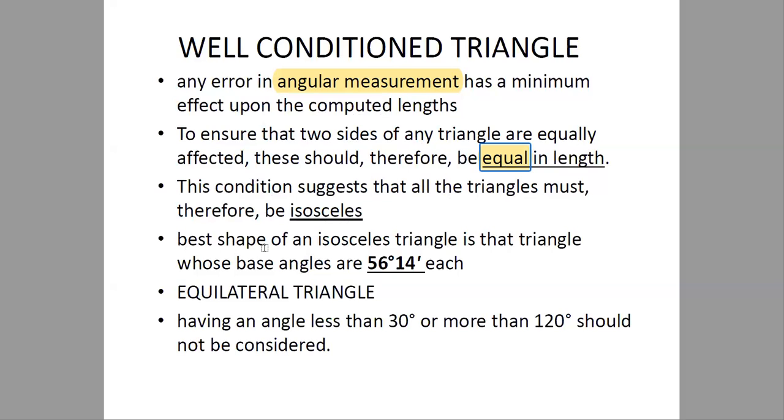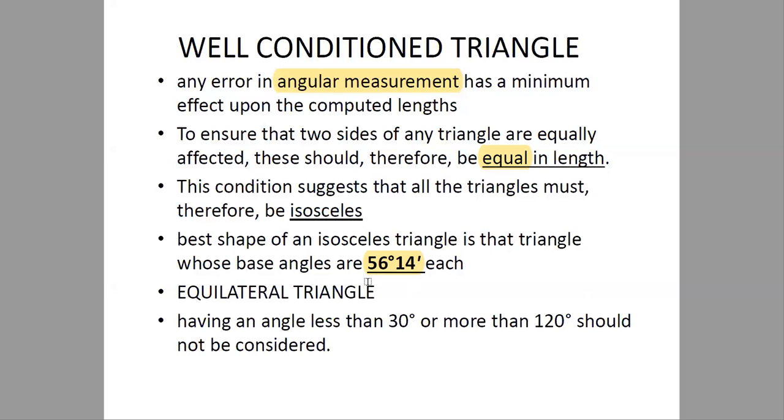The best shape for an isosceles triangle is a triangle whose base angles are 56 degree 14 minute each. Okay, this is a specific condition of an isosceles triangle with both base angles measuring 56 degree and 14 minute.